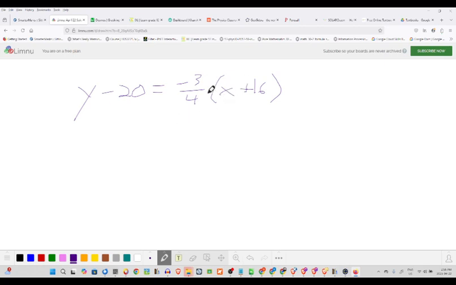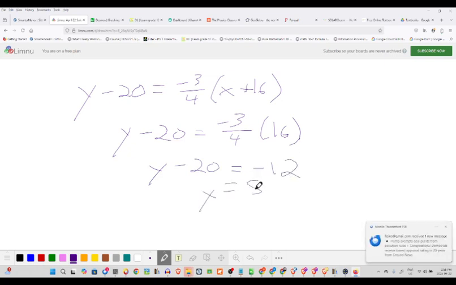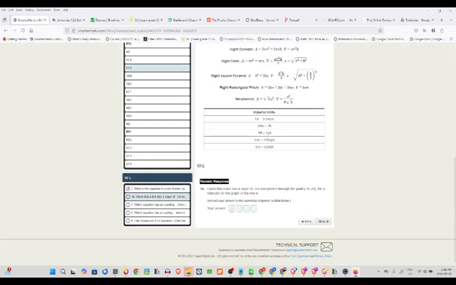So we can let x equal 0 and solve for y. Y minus 20 is -3/4 times 16. Y minus 20 is -12. And y equals 8. Okay, sorry, we don't need mail notifications popping up in the middle here. So that's our y-intercept.